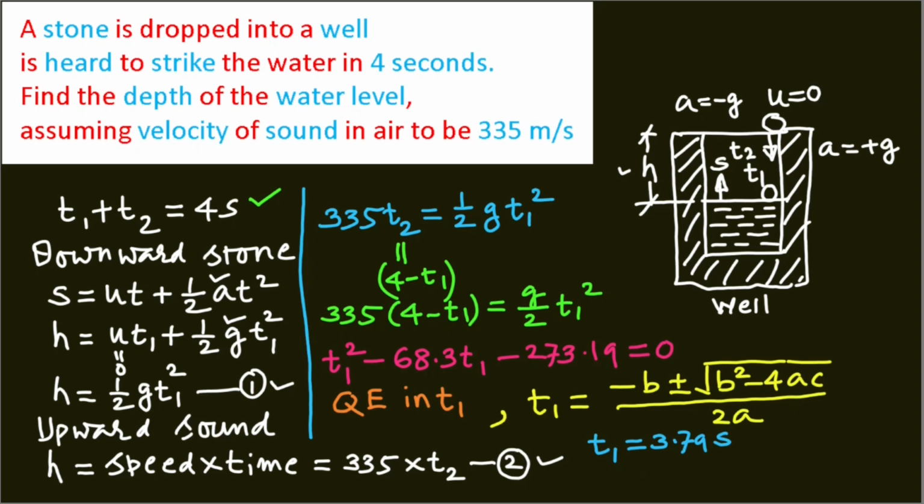Now in order to find the height of the water level, we will substitute the value of t1 and g in this first equation.